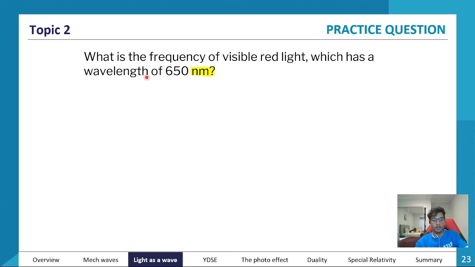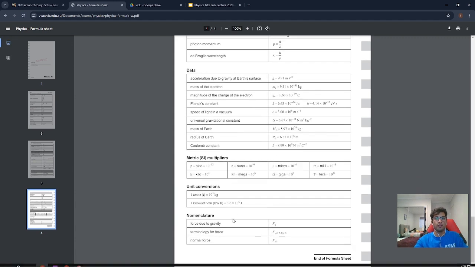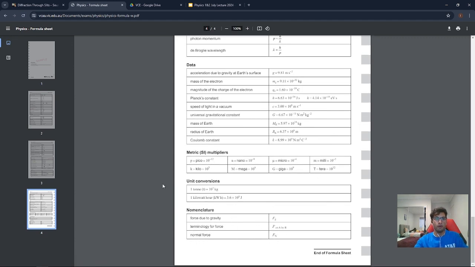If you often get confused about what each unit is, at the bottom of your cheat sheet there is a section of metric multipliers. It tells us pico is 10 to the negative 12, nano is 10 to the negative 9, mega is 10 to the 6.